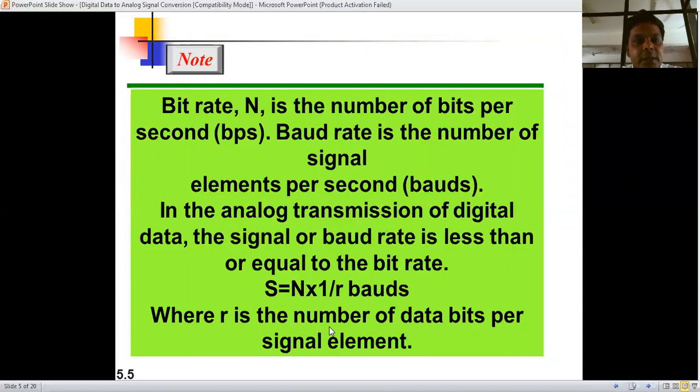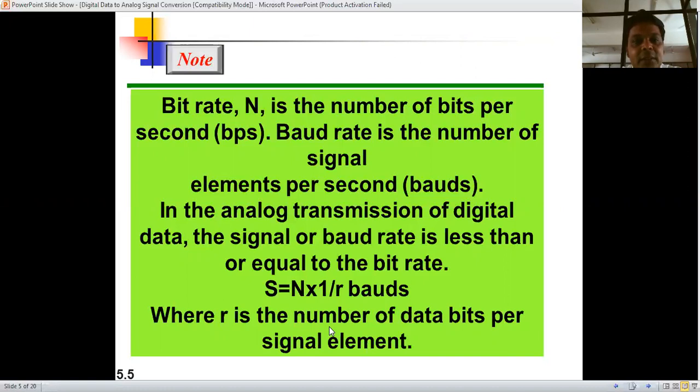We know what the bit rate is. Bit rate is the number of bits transmitted per second by the sender, where N represents the bit rate, the number of bits per second. Then the signal element rate, also called the baud rate, is defined as the number of signal elements per second, that is bauds. These are two important concepts in data communication: bit rate and baud rate.